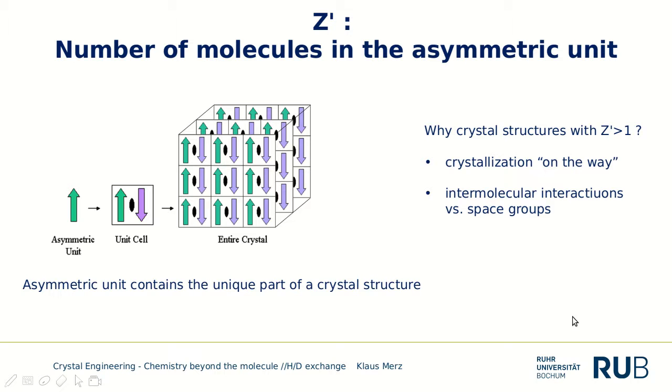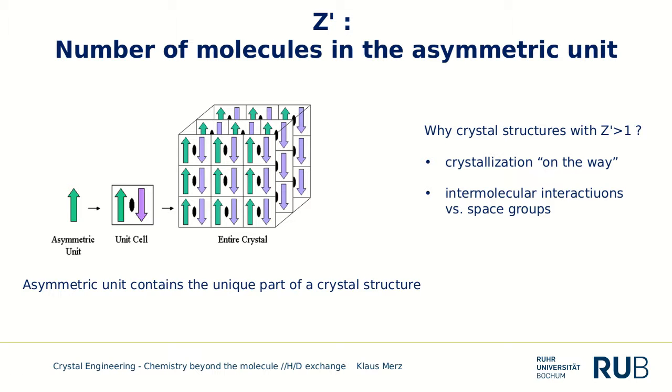Several scientists say, well, in this case you have caught one crystallization possibility which is not the thermodynamically stable polymorph.